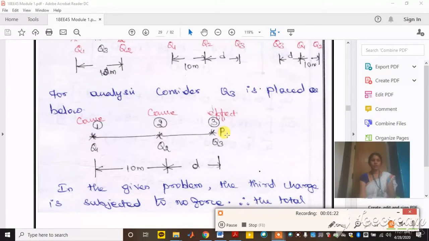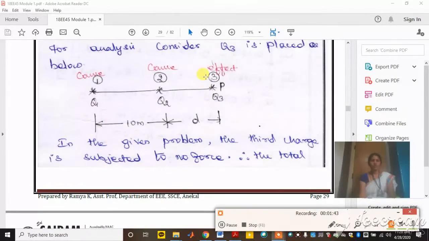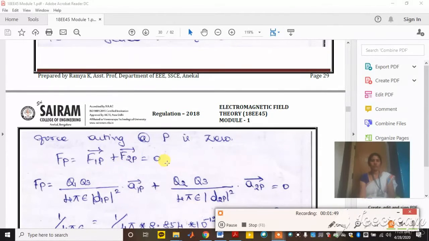Q1, Q2 and Q3. The force exerted at charge 3, that is the 4 microcoulomb, is equal to 0. So it is going to be my effect, and the other two charges are going to be my cause. Therefore the total force exerted at this point is the force due to charge Q1 and the force due to charge Q2. We can write Fp, the force at this point, equal to F1p vector plus F2p vector, which is equal to 0.